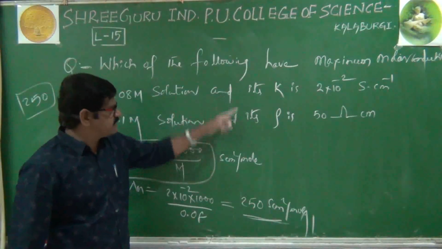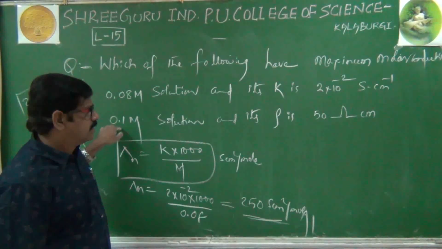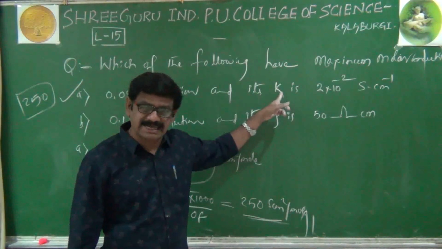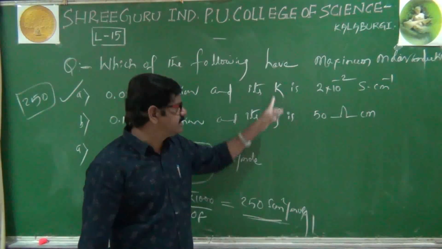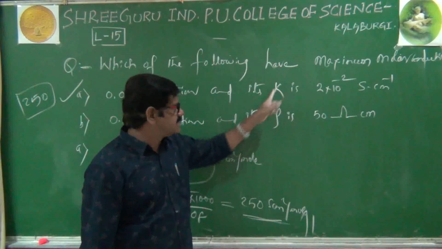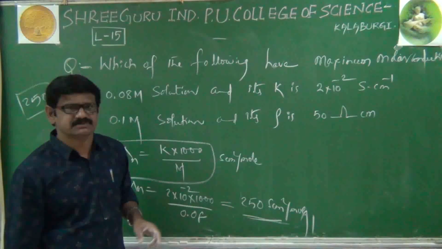But what is the difference between the first question and the second question? Here also molarity is there, here also molarity is there. And here k, conductivity, is there, but here he has given resistivity. Conductivity, resistivity. What is the relation between these two terms? Of course, both are reciprocal to each other. Okay, we'll solve that.